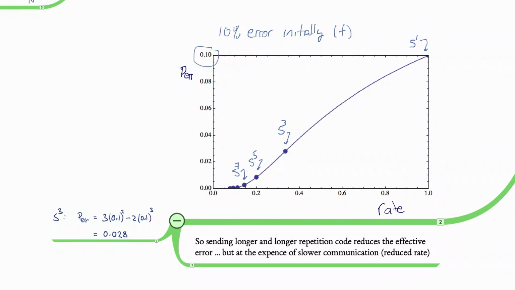If we were to go to 5 symbols, again our rate would drop to a fifth, but our error rate would also drop, and so on. And so we can reduce the effective error rate that our communication sees through this noisy channel, but at the expense of using longer and longer codes. And so we're communicating at a rate that's slowing down.